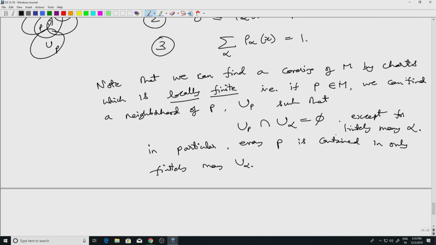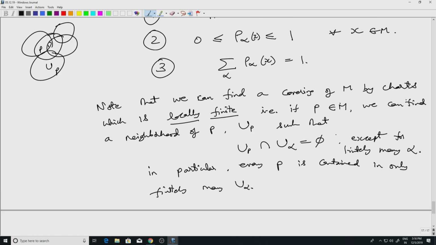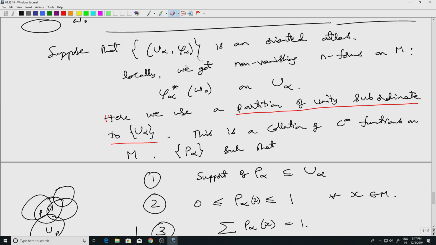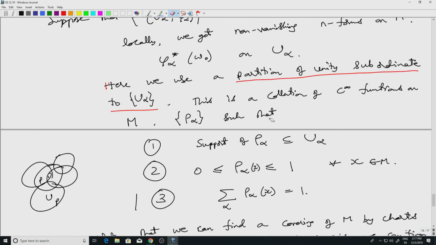So here, to interpret the last condition 3, if you take a specific x, note that we can find a covering by charts which is locally finite. Of course, we already started with an oriented atlas.